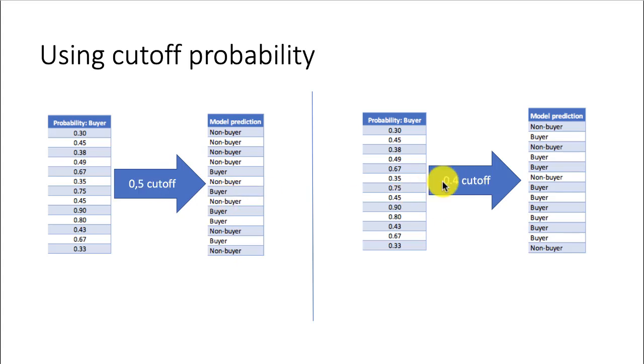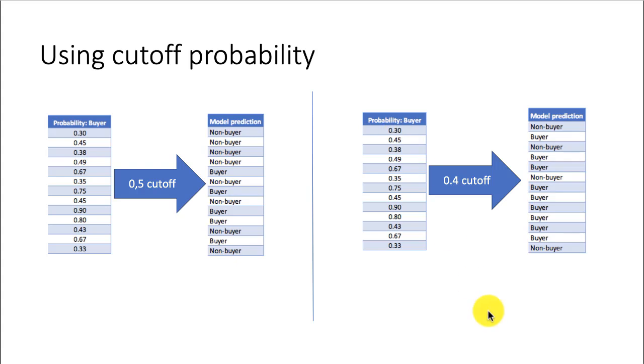Now that the cutoff has been lowered to 0.4, this particular case is now classified as a buyer, right? So as you lower the threshold probability, the cutoff probability for somebody being a buyer, obviously you're going to get more buyers and fewer non-buyers, right? So this is common sense.